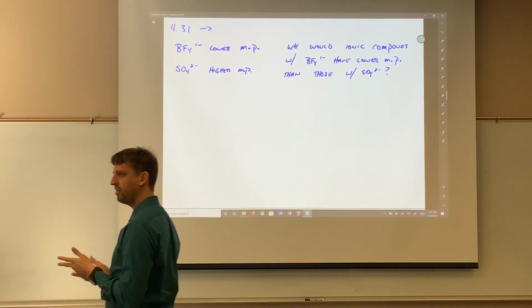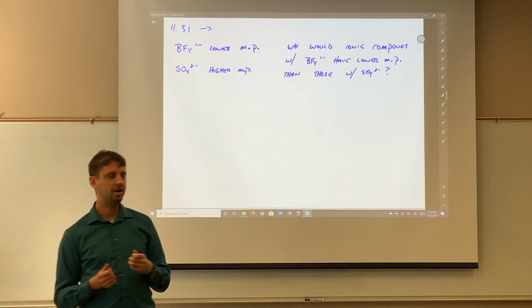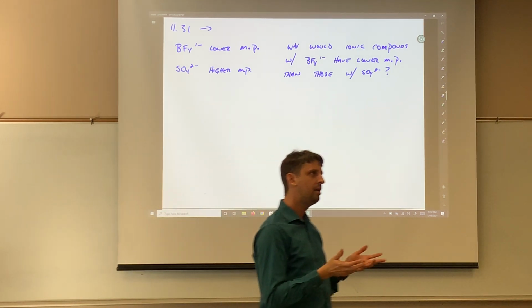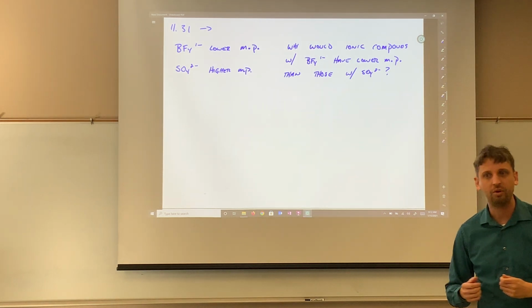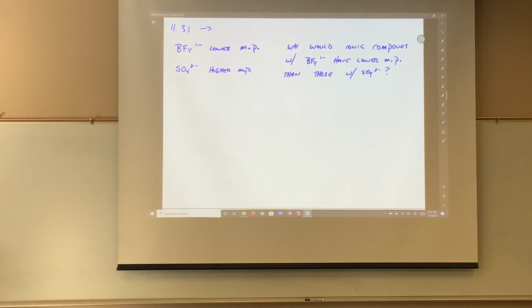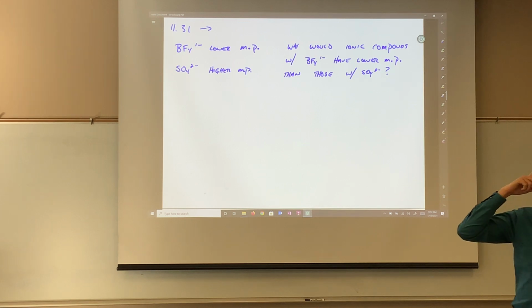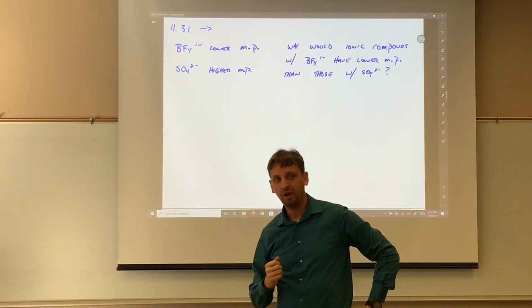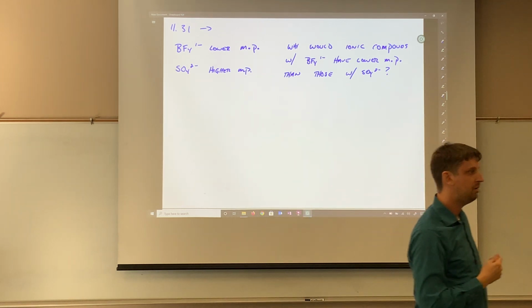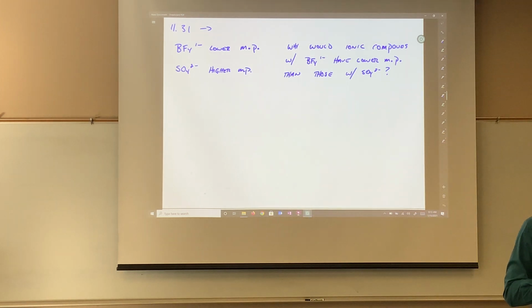I know that fluorine's more electronegative, and so I should think that it would have a more partial negative charge on those individual fluorines. That means it would have a higher dipole, which would probably make it think that it has a higher melting point, right? You guys follow that train of thought there? But it's the exact opposite.